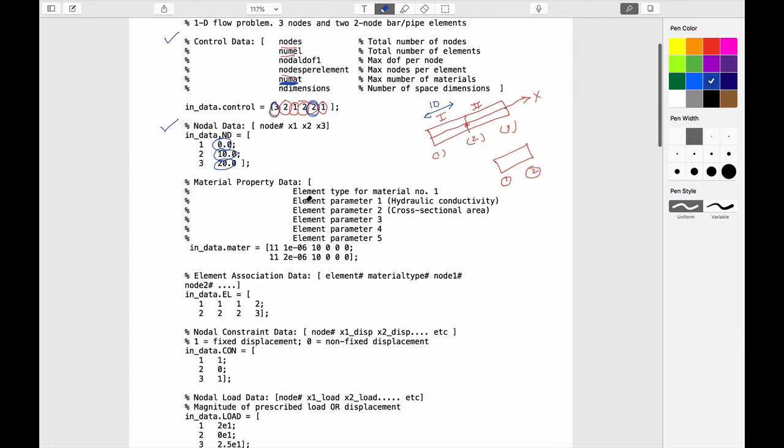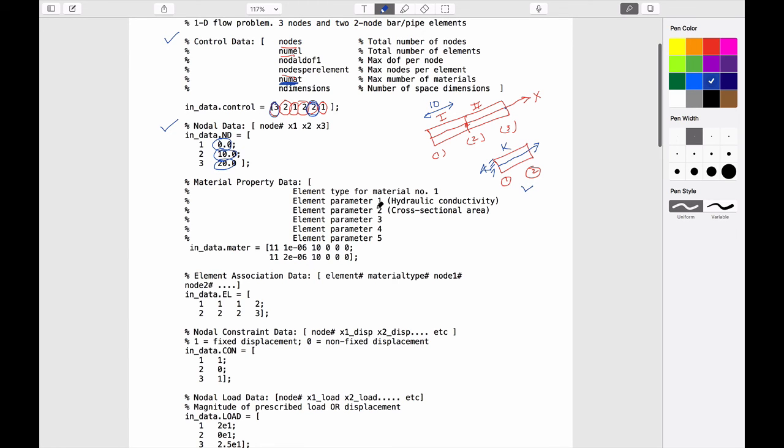This is a particular element subroutine for our 2-noded element. We're going to define what the properties are that we want to be able to define. And those properties are going to have to be hydraulic conductivity, and it could be cross-sectional area, A, and it could be some other parameters. We don't need length because we've got length here. It could be length if we wanted to have length.